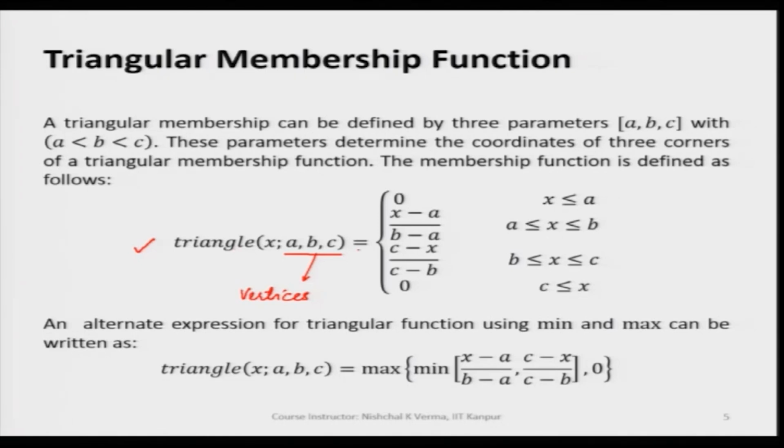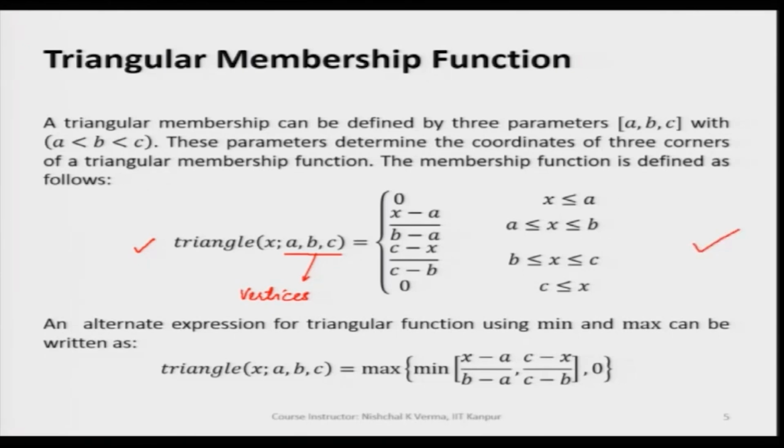Similarly, this is equal to c minus x by c minus b for all the values of x greater than or equal to b and less than or equal to c. And this is 0 for all the values of x greater than or equal to c. So, this is how we define the triangular membership function.